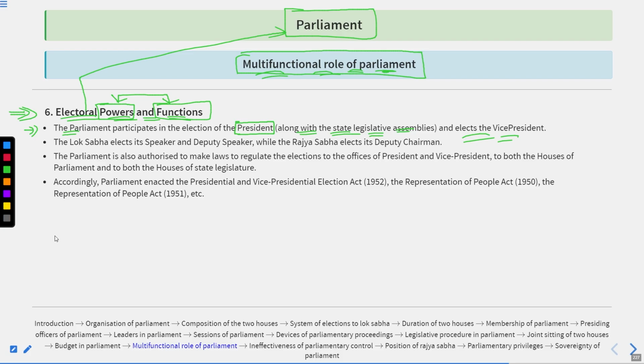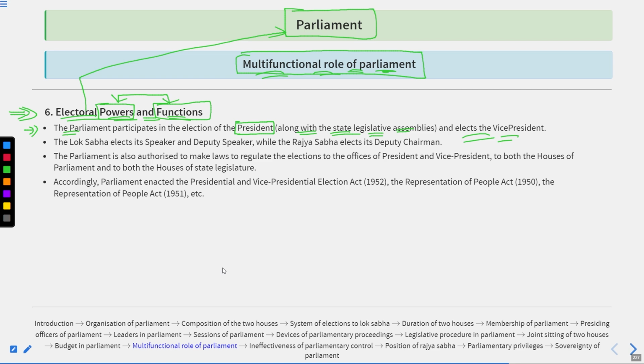Now the question is, in which part of the Constitution are the fundamental rights enumerated? The correct answer is Part 3. Part 3 of the Indian Constitution is the part in which the fundamental rights are enumerated.